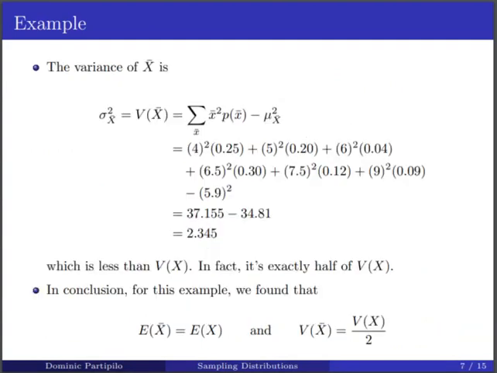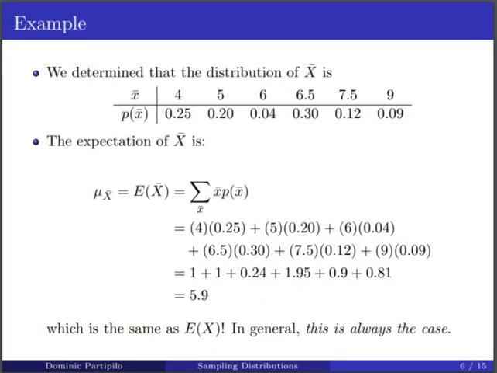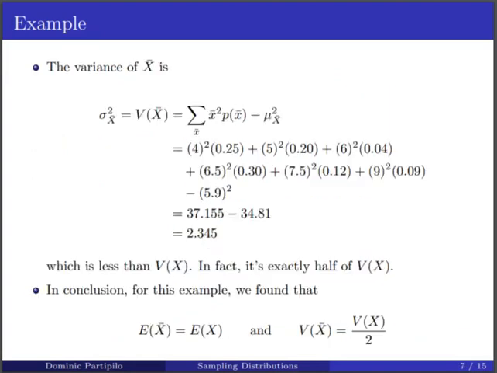And now the variance is going to be the sum of each of the possible values of X bar squared times their probabilities minus the mean of X bar squared. And when we do this, this is going to be 4 squared times 0.25 plus 5 squared times 0.2 all the way down the line. So that's what this piece is right here.